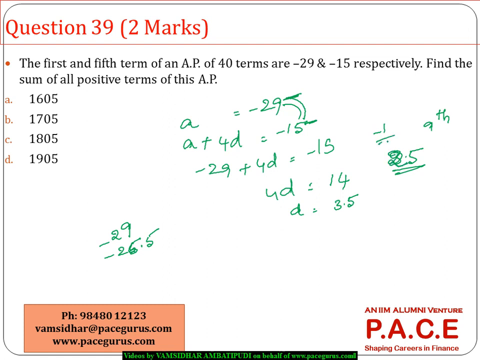Minus 1 is the ninth term, so the 10th term will have 2.5. So the addition is 2.5, then another 3.5 is 6, and so on up to the 40th term. This is the sum of all the positive terms of this AP.